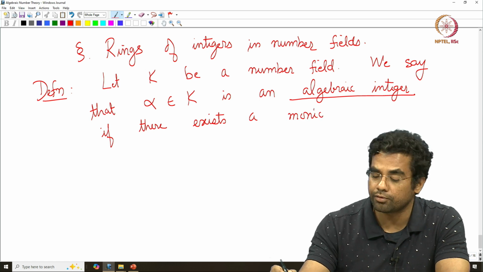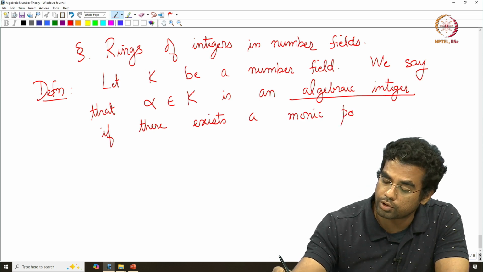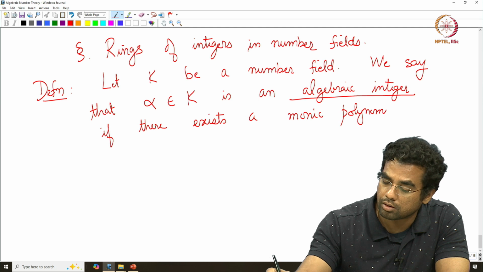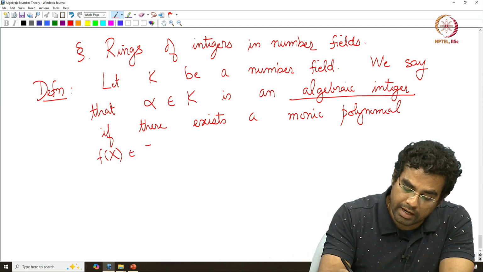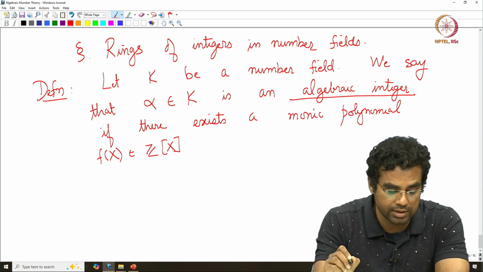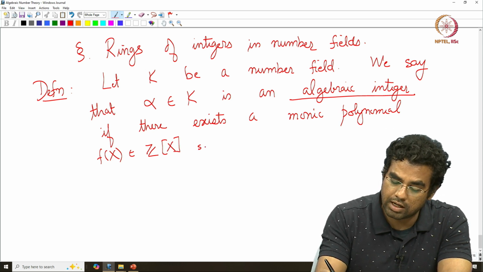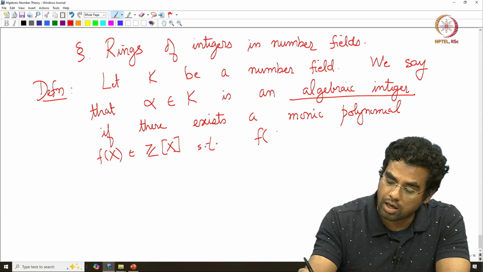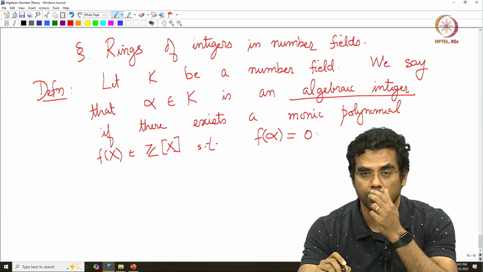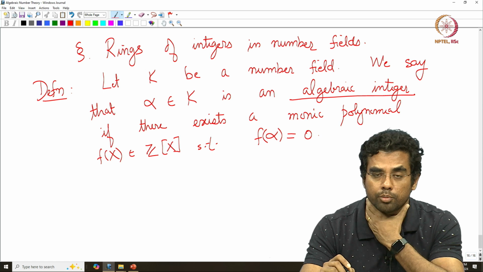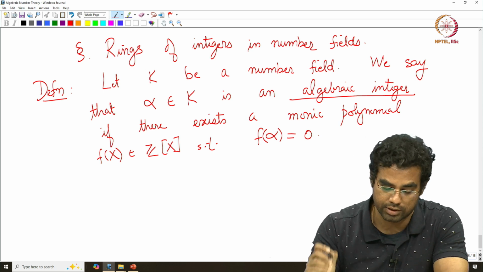So, the leading coefficient is 1, monic polynomial f of x in Z[x]. So, no longer just in Q[x], but even in Z[x], such that f of alpha is 0. Okay. So, it has to be a root of a monic polynomial with coefficients in Z.